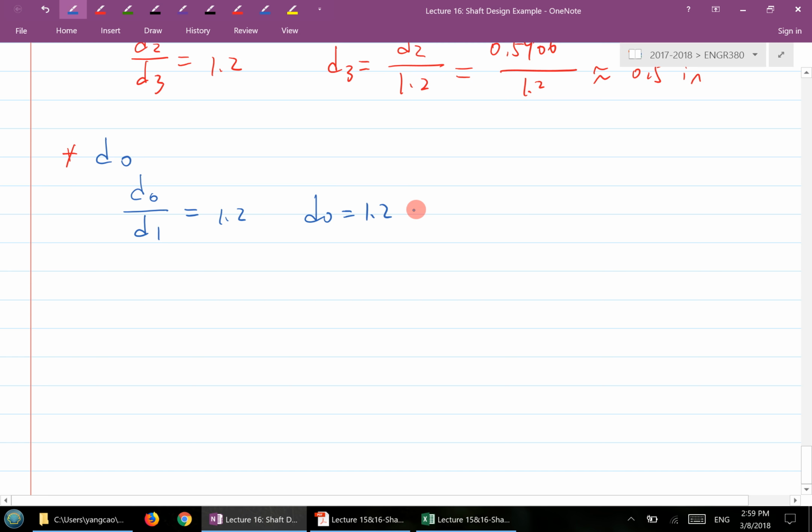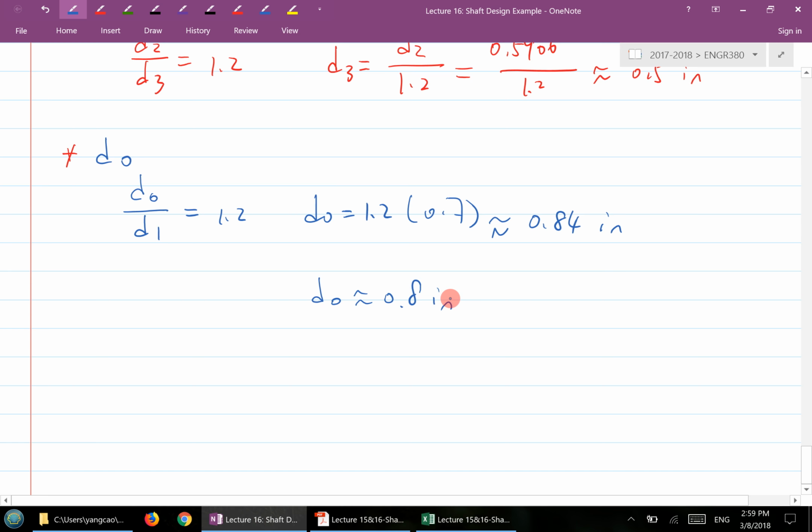So D0 is 1.2 times D1, which is 0.7, and that gives approximately 0.84 inch. You could pick D0 to be approximately 0.8 inch as a nominal value.